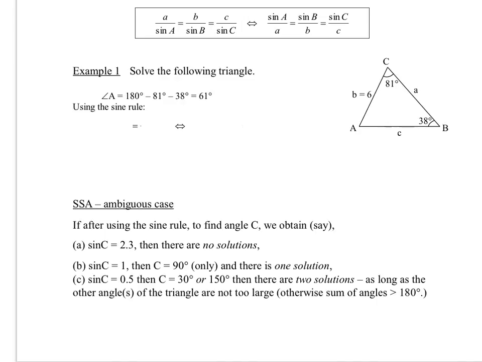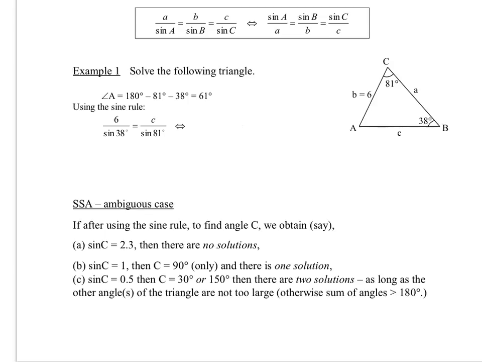Okay, now that we've got angle A, we can now use the sine rule. The sine rule is going to be 6 divided by sine of 38. So again, that's this side here, 6 divided by sine of 38 degrees, the sine of the angle. And that should be equal to C over sine of 81.